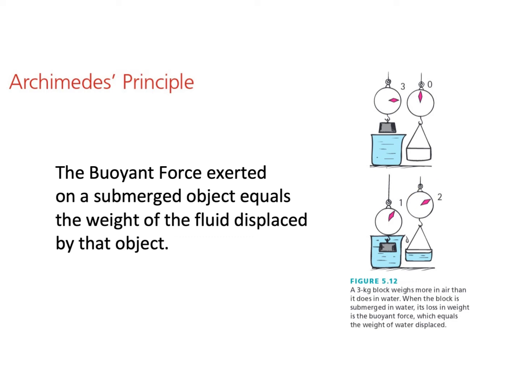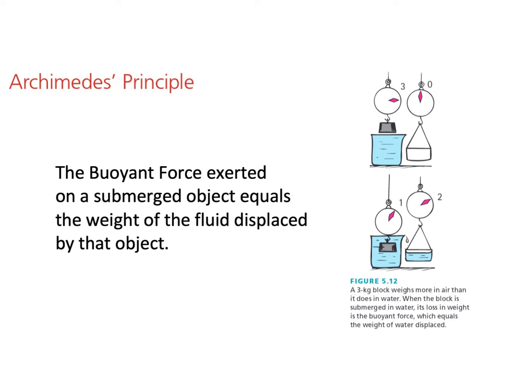It's going to be the difference. 2 kilograms of water are displaced. In other words, the weight of 2 kilograms of water is the amount of weight that is the buoyant force. So the weight of the displaced fluid equals the buoyant force.